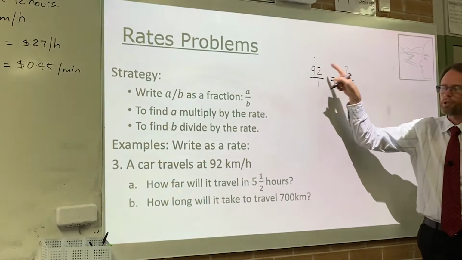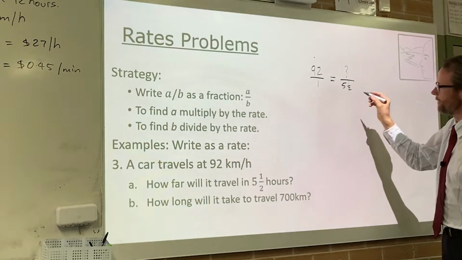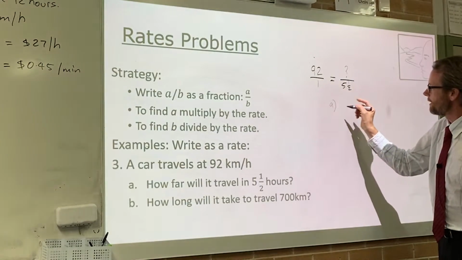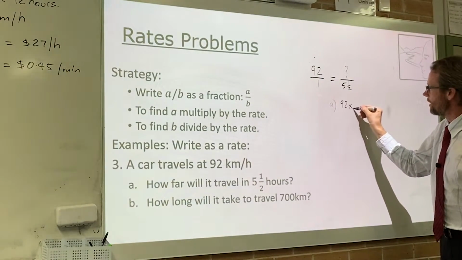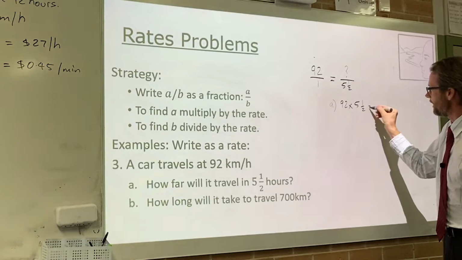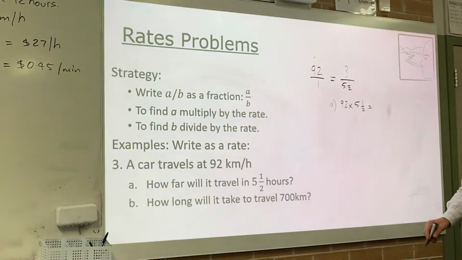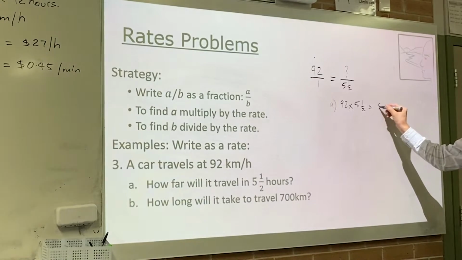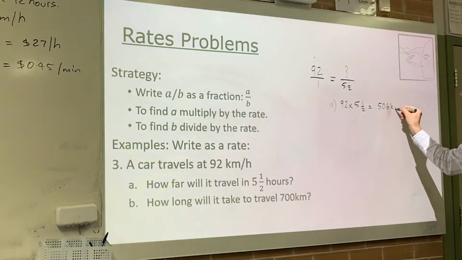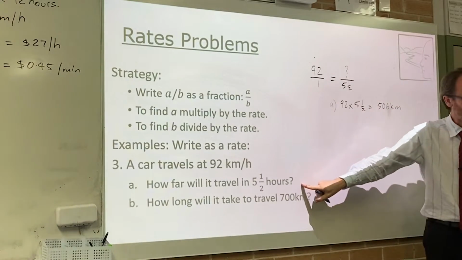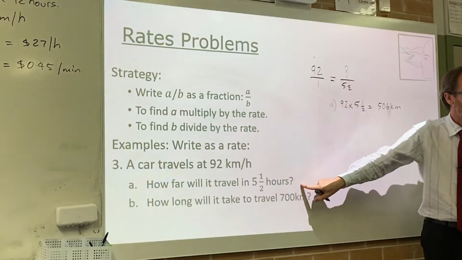So all we need to do is 92 times 5.5. So part A is 92 times 5.5. Someone got a calculator to work that out for me? 506. So it's 506 kilometres. That's how far you will travel in 5.5 hours.